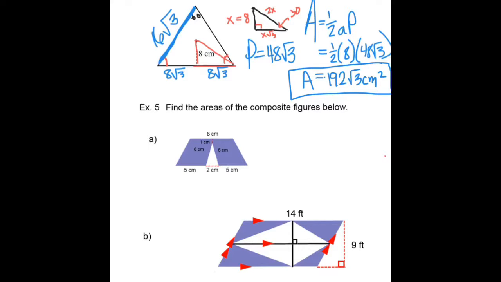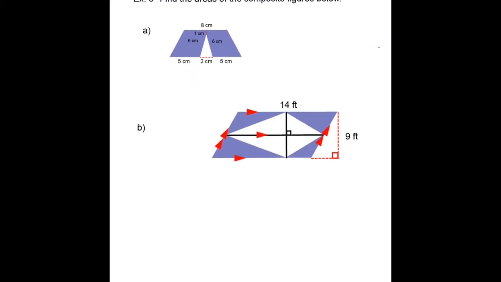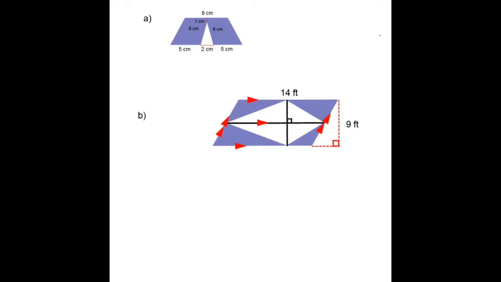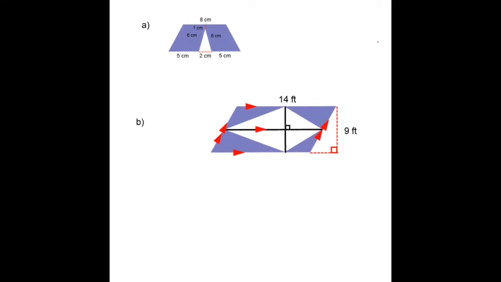Okay? All right, so down at the bottom we have some composite figures. What I want you to focus on is we're finding the area of the shaded region, and we need to identify the shapes. So in example A, I have a trapezoid and I have a triangle.